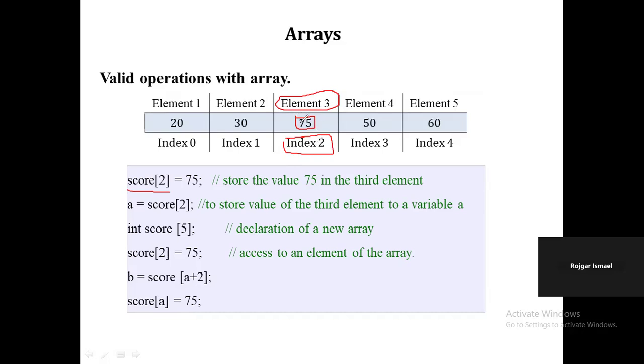So 75, its index is 2. That's why I wrote here score 2. We can also write the syntax a equal to score 2, equating it to the variable a, to store the value of the third element in a variable a.